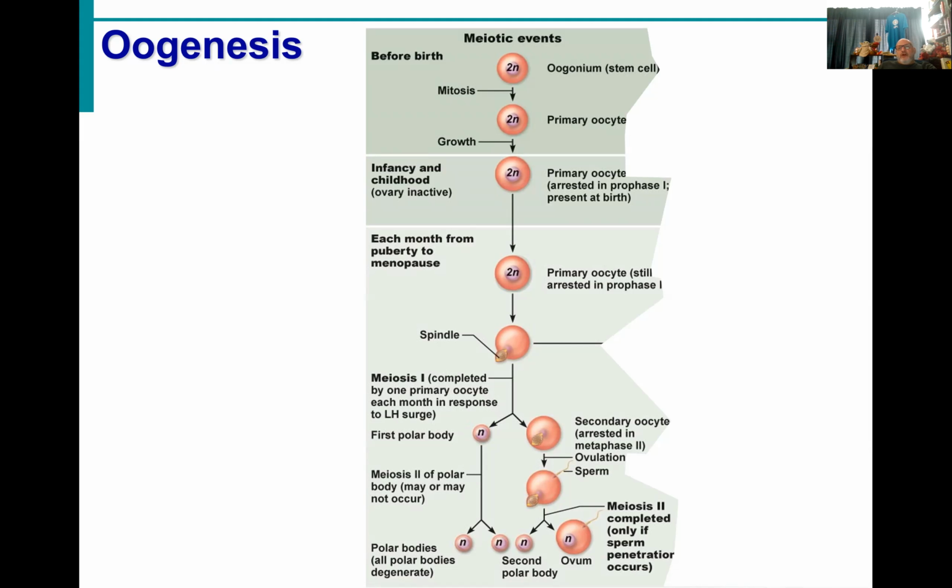Remember, meiosis 1 is about going from a diploid cell to a haploid cell so that we can produce gametes that only have 23 chromosomes. Okay. So we still need the division so that we can separate the homologous chromosomes. So we can go from 2N to N. Yes, thank you. Yep. All right. Any other questions on this?